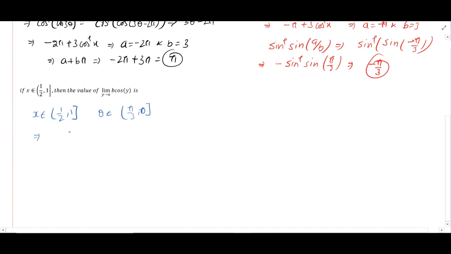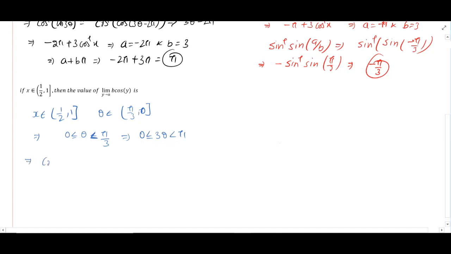So we can write it as 0 less than or equal to theta less than or equal to pi by 3. Now I can multiply this with 3, so 0 less than or equal to 3 theta less than or equal to pi. Now here it is 0 to pi, which is the principal branch of cos.